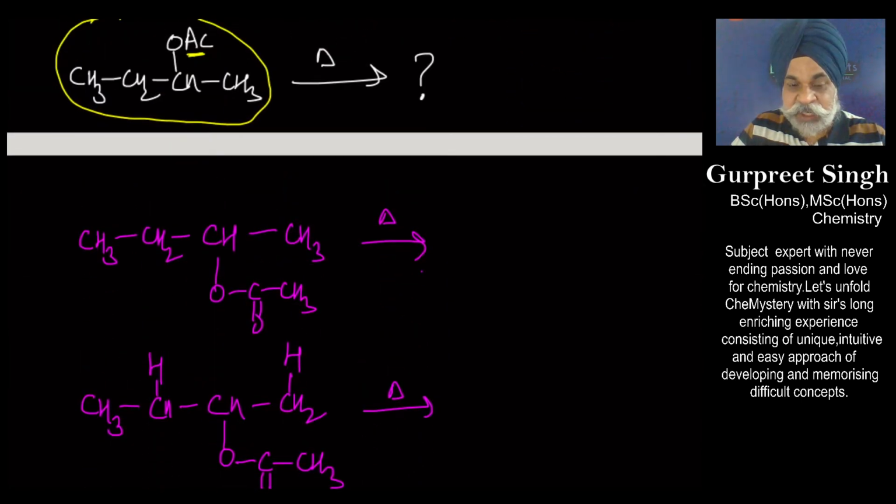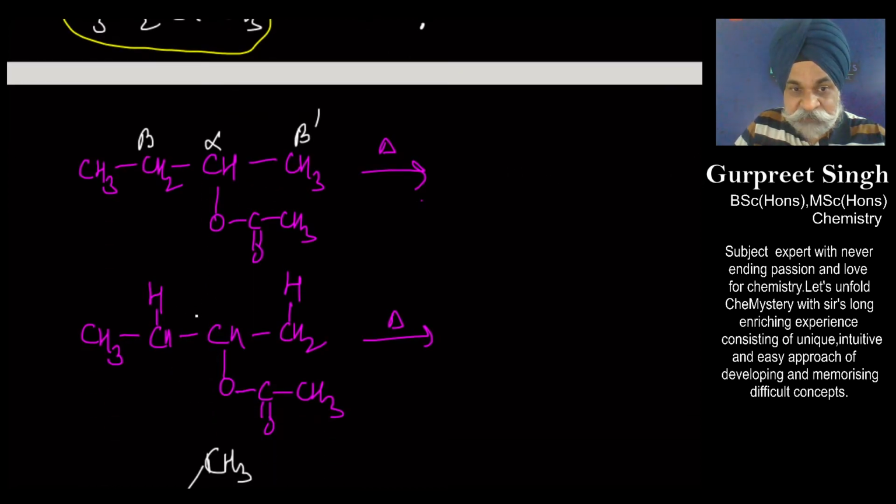Now, if I simply do it without any sort of mechanism, what we see here is that we need to check the alkyl part of the ester. So the alkyl part is alpha, this is beta, and this is beta dash. So there are two types of beta available. If I rotate the H from here, from the one which I am showing with the white marker, this bond goes here, and this goes here, and this goes here.